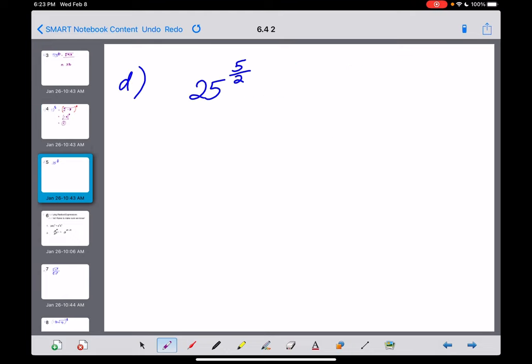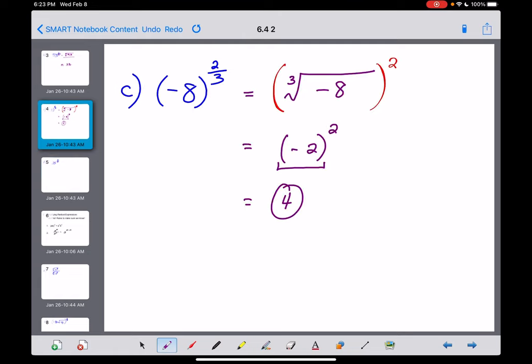Let's do another one. 25 to the 5 halves. Now, I want to point something out right here. Fractional exponents are weird, but one thing is kind of true. Let's ignore the negative for a minute, and let's just focus on the fact that 8 to the 2/3 power would still end up equaling 4. Let me write something right above this here, guys. 8 to the 1st power is just 8 by itself.